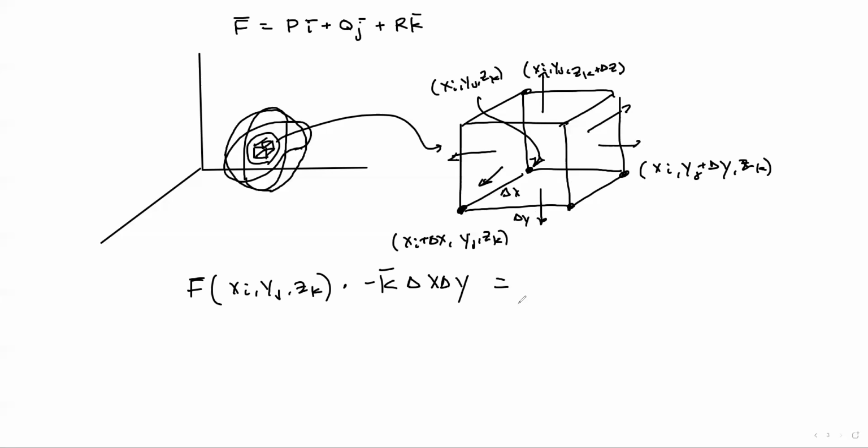F is these three, and you're just going to end up dot producting the R k with the negative k, so we're going to get negative R, specifically at x sub i, y sub j, z sub k.